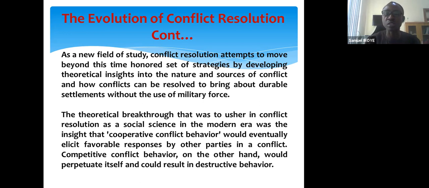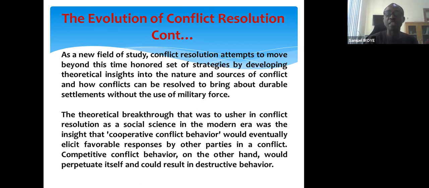The theoretical breakthrough that was to usher in conflict resolution as a social science in the modern era was the insight that cooperative conflict behavior will eventually elicit a favorable response from other parties in a conflict. What are we saying here? One of the theoretical breakthroughs states that understanding conflict resolution as a field of study in social science in this modern era has given us the insight that when there is a cooperative relationship between people in conflict, it helps them to quickly get at the desired results.